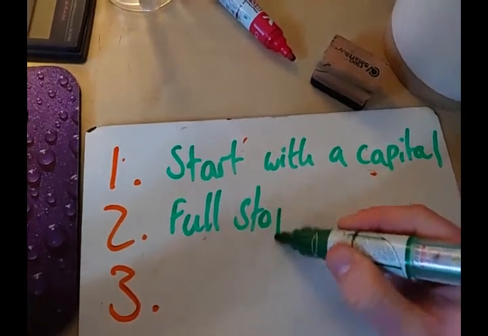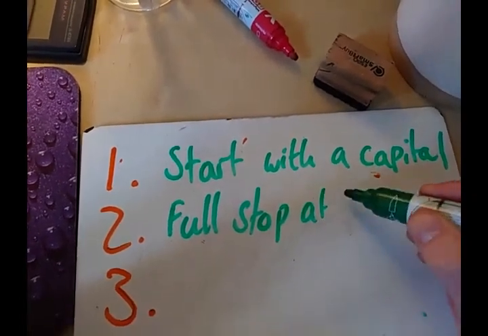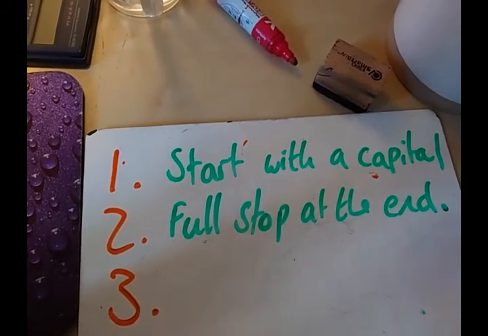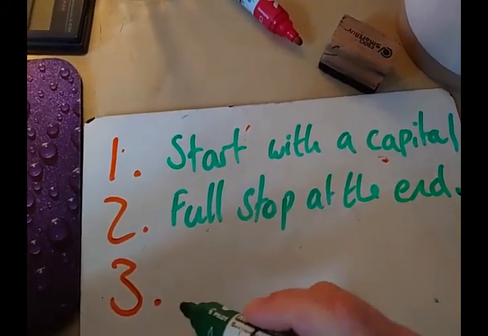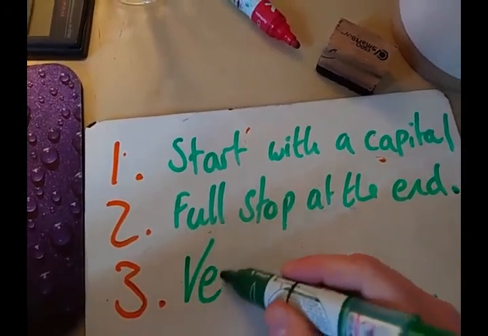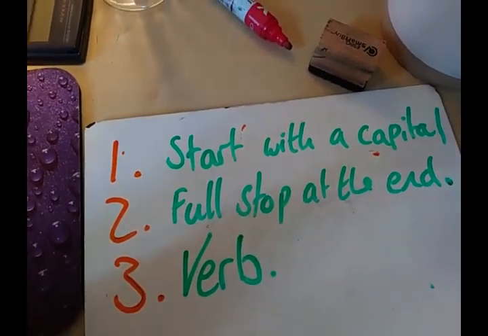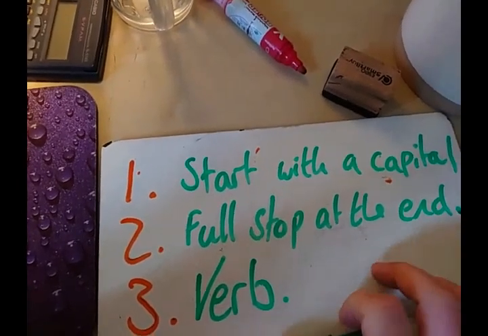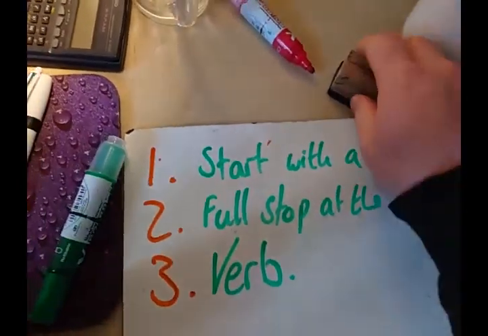I'm sure most people got these. What else does it need? What's number three? What must it have? It also needs a verb. A verb is an action word, a doing word, something that progresses things along.